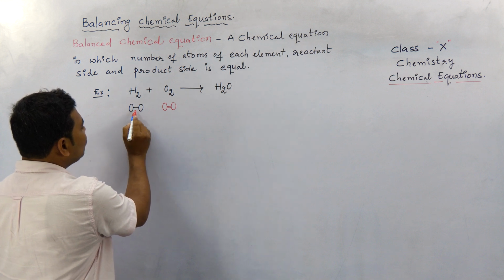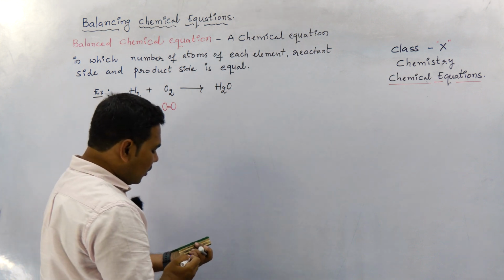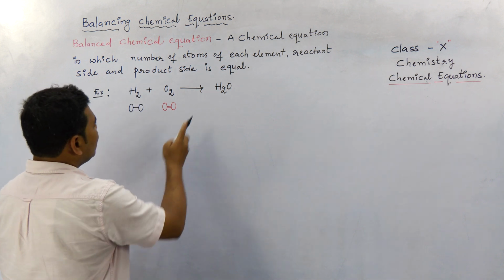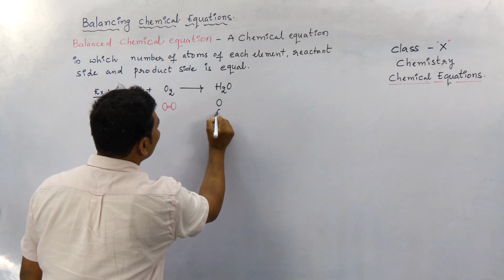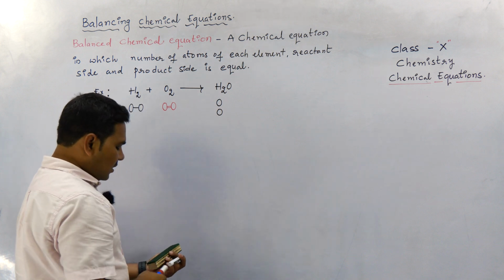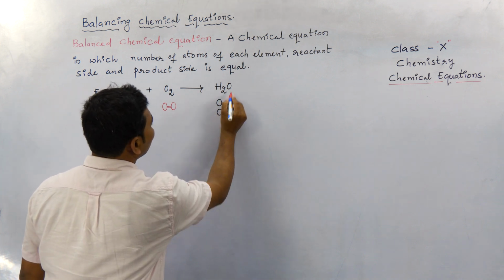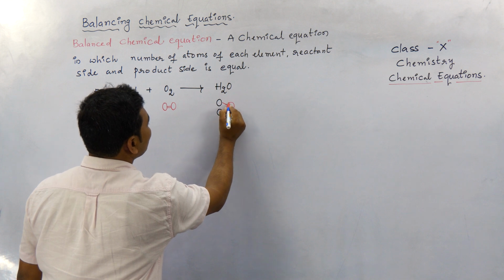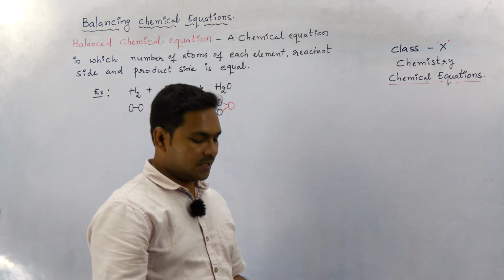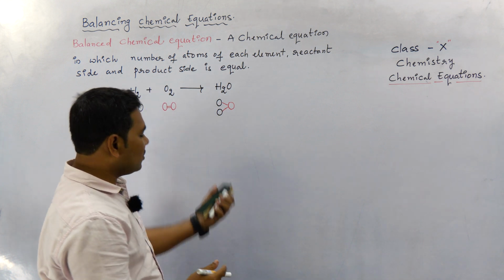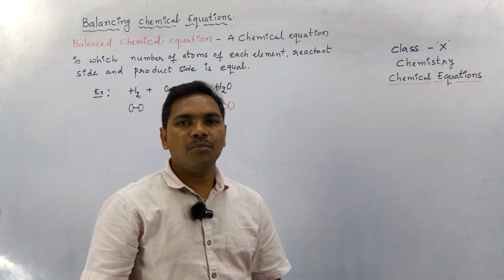Since we see two black circles, two hydrogen atoms, and two red circles, two oxygen atoms, and now on the right side, I am writing two hydrogen atoms, two black circles, which are bonded with one oxygen atom, which means I am writing only one red circle. You see now, the number of atoms of hydrogen and oxygen are not equal on the reactant side and product side.